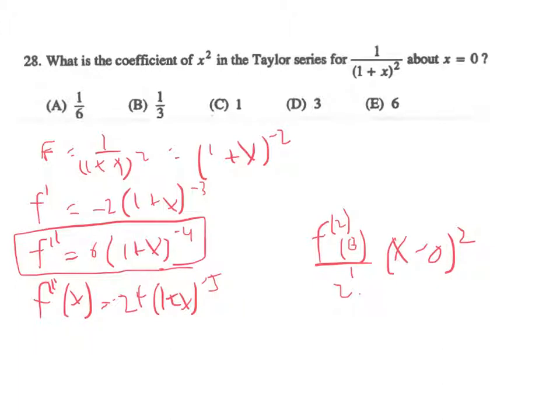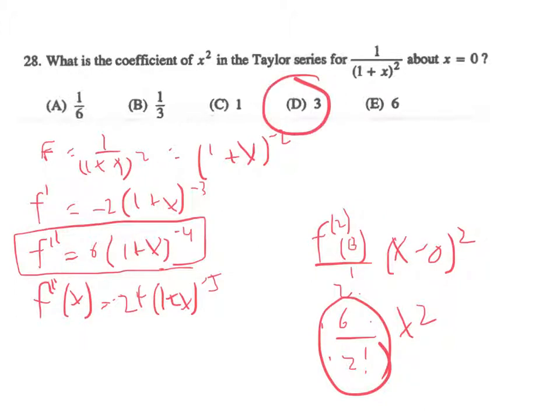So this is going to be x squared, and then we're going to have the 2 factorial on the bottom, and if I plug in 0 to this, it's 6, and 6 over 2 factorial, so this is our coefficient, and 6 over 2 factorial is 3. So for 28, the answer should be D, and it is. So that's one way of doing this problem.